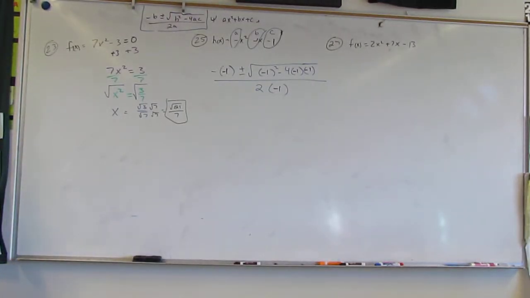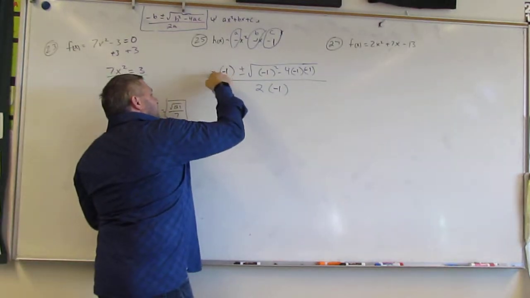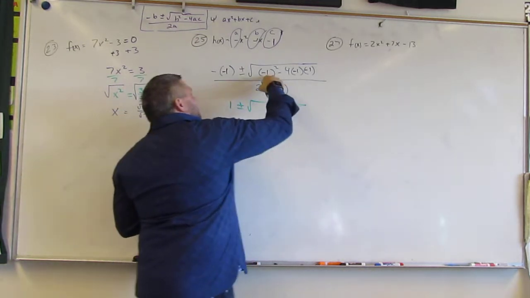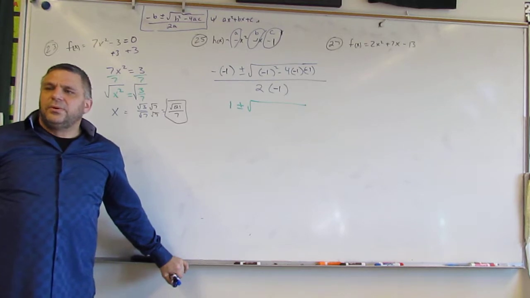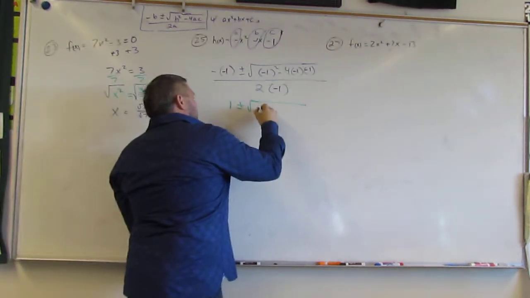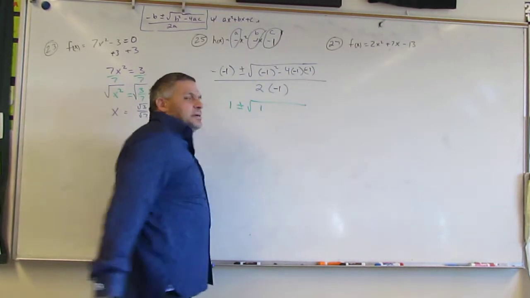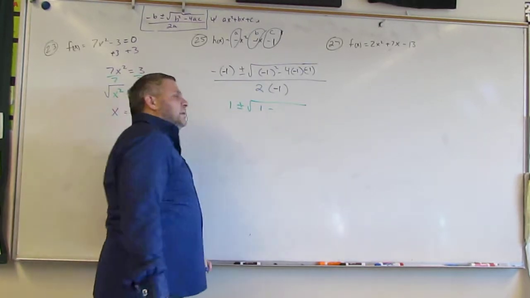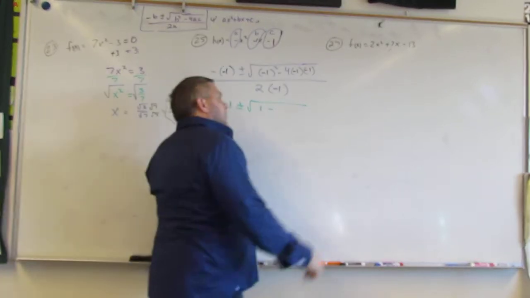All right, here we go. What is a negative and a negative? Positive. So positive 1, plus or minus the square root. What's negative 1 squared? What's negative 1 times negative 1? Positive 1. What's 4 times 1 times 1? 4.